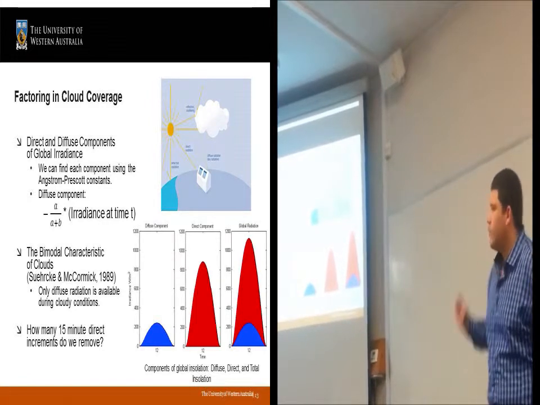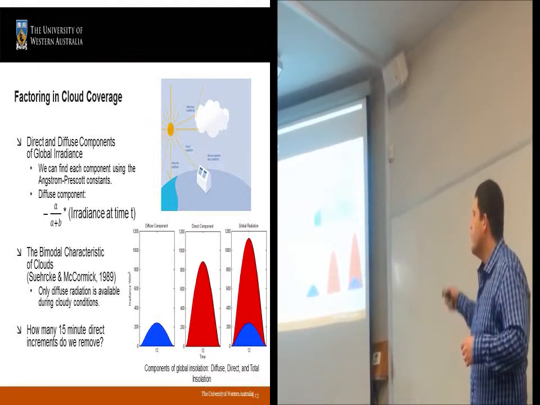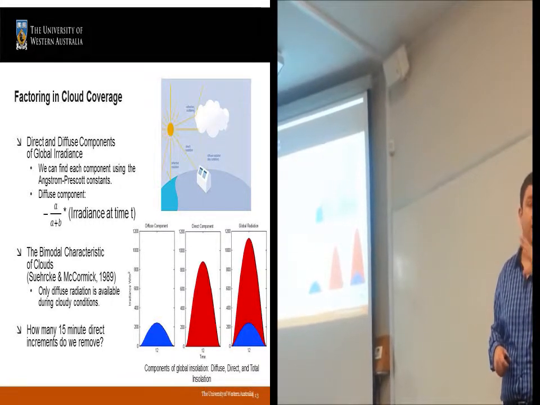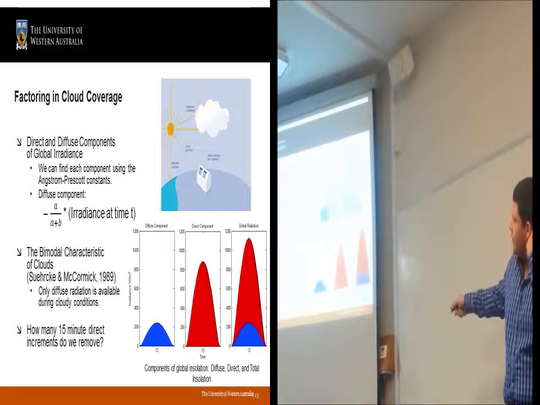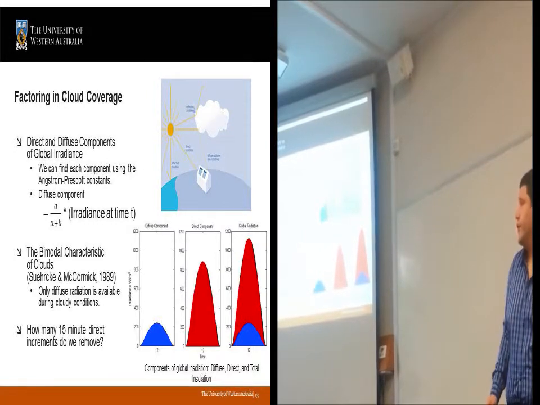Okay, so when we want to factor in our cloud coverage, what we can do is we can take the global irradiance that we've calculated for the whole year, and we can break it down into two components, the diffuse component and the direct component.